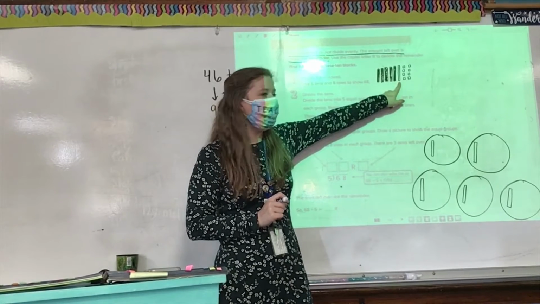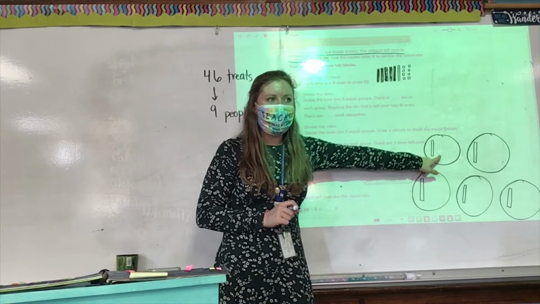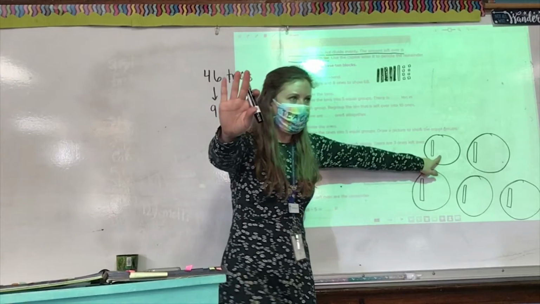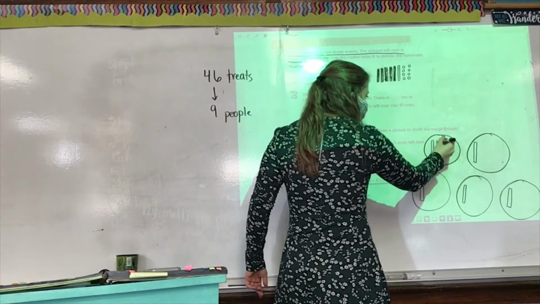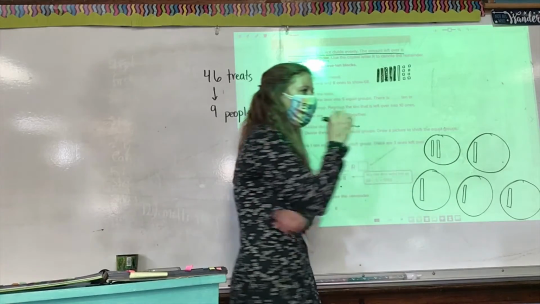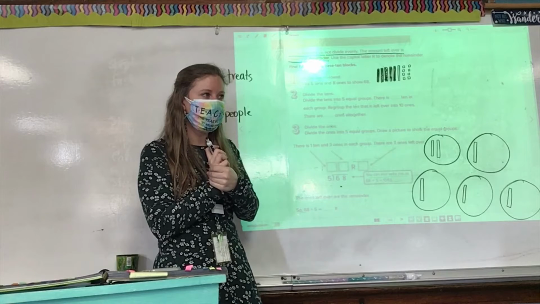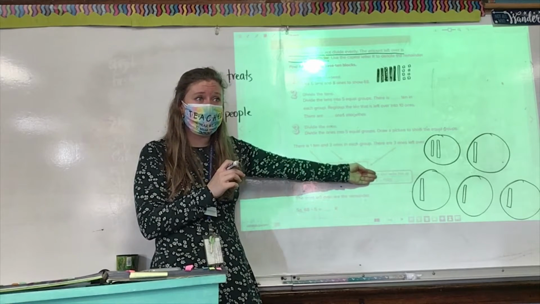If I put this ten in this group, will I have an equal amount of tens in each group? Don't do this. Just watch. If I took this ten and put it in the first group, and now I'm done with the tens, imagine that I have shaded that. Do I have an equal number of tens in each group?